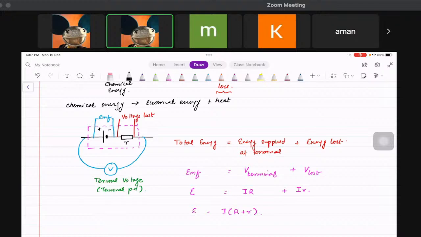Okay, so when the circuit is completed, here we have an internal resistance, and outside the battery we have the actual resistance that we have added.